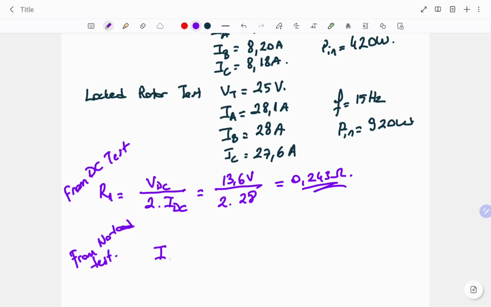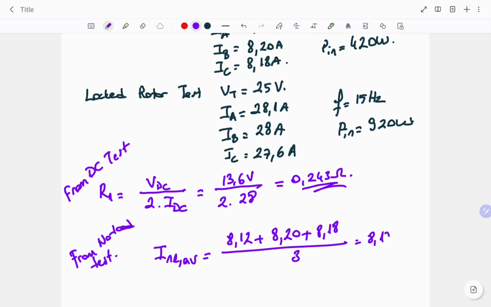So during the no-load test, the average current can be calculated with 8.12, 8.20, 8.18 divided by 3, which will be 8.17 amperes.